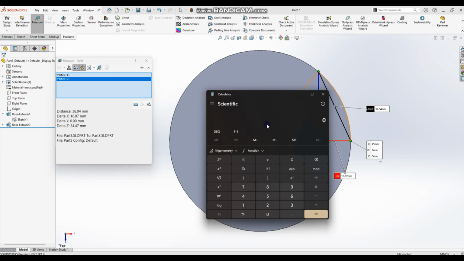So 2 into 45 into sine of, open bracket, theta by 2, that means 50 by 2, that is 25, close bracket, equals 38.0356, around 38.04. So we got the same value.